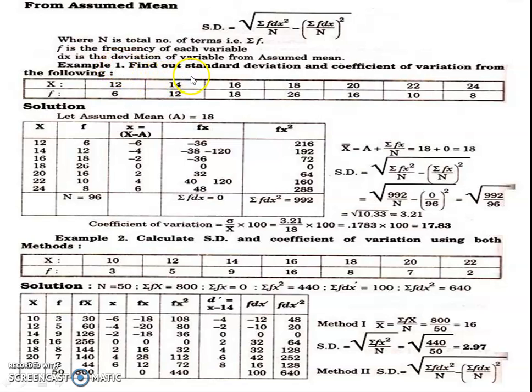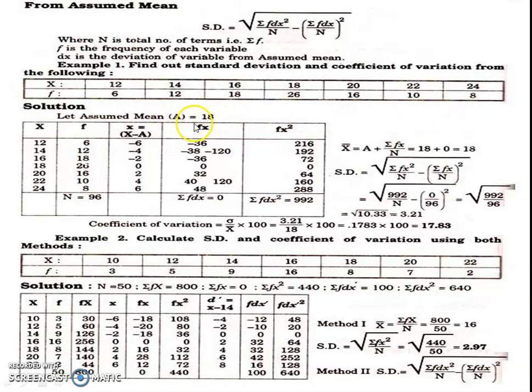Example: find out the standard deviation and coefficient of variation from the following. In the previous examples, we depended only on x. Now here x and f are given, that is grouped data. So x is 12, 14, 16, 18, 20, 22, 24 and f is 6, 12, 18, 26, 16, 10 and 8.